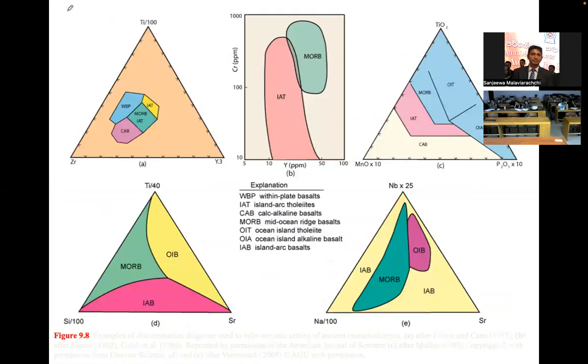Okay, so there are typical diagrams we use to determine the tectonic environments. Actually, these are pre-built diagrams.